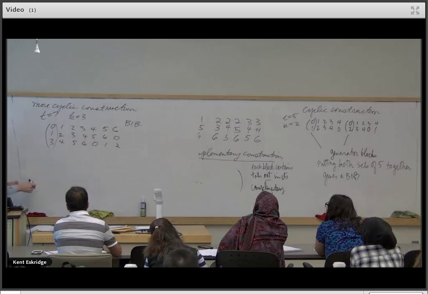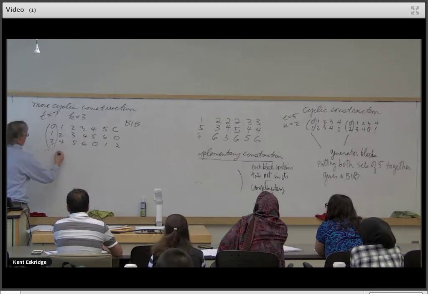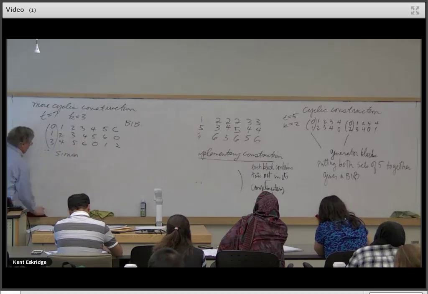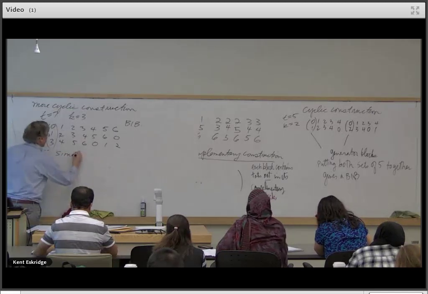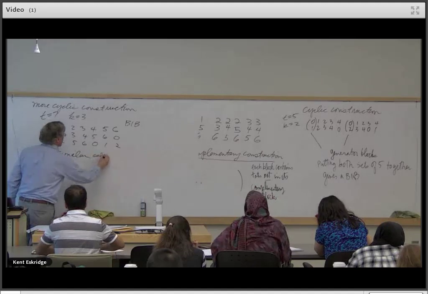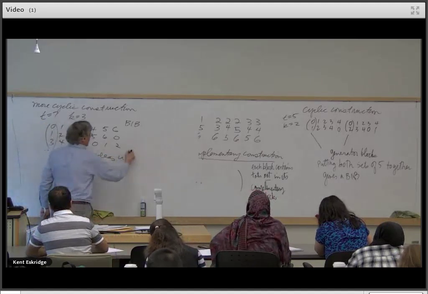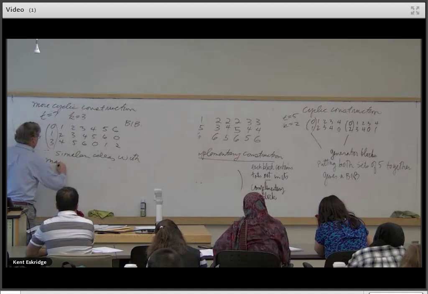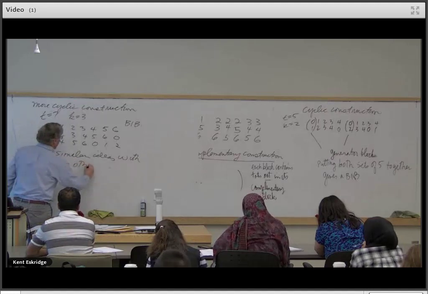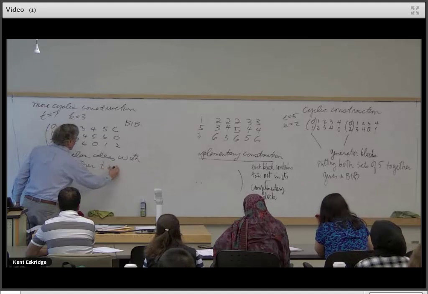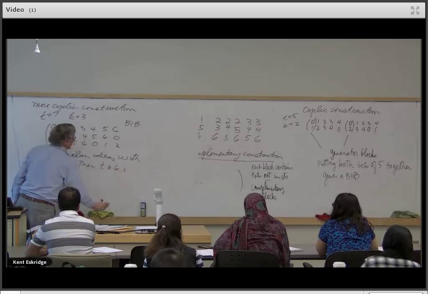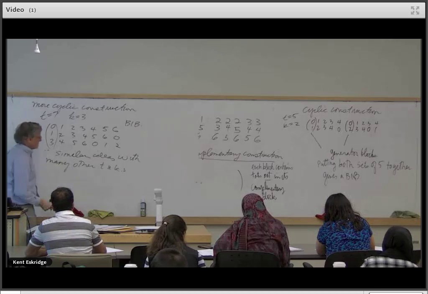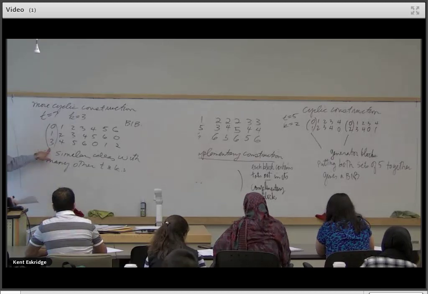So, I can give you similar ideas with many other types of designs. Similar ideas. This is a BIB with many designs. Many other T's and K's. See how to get it? What's the question?